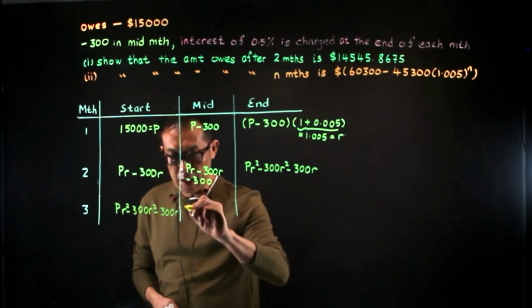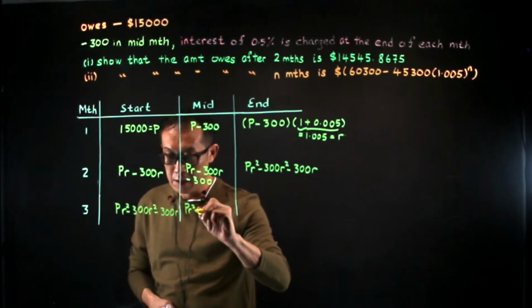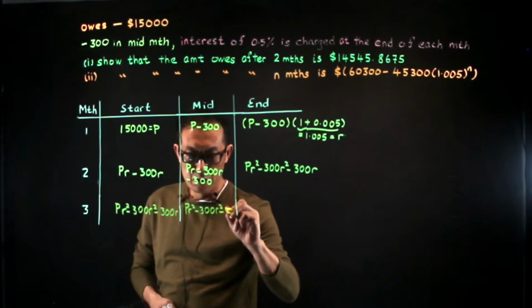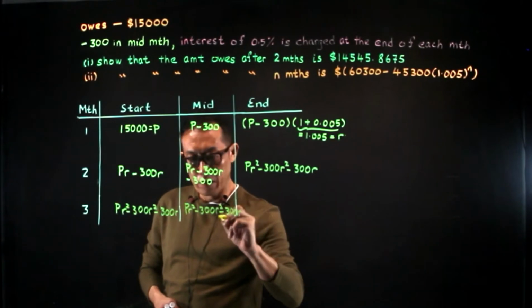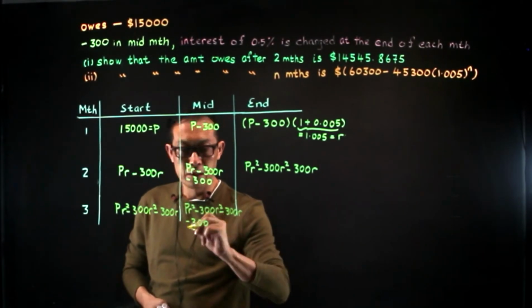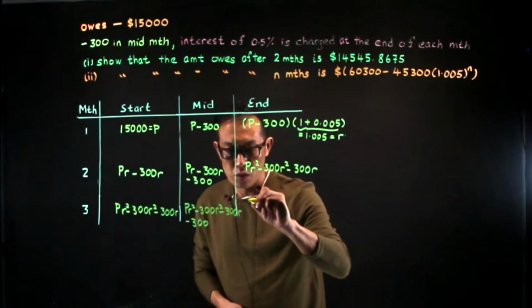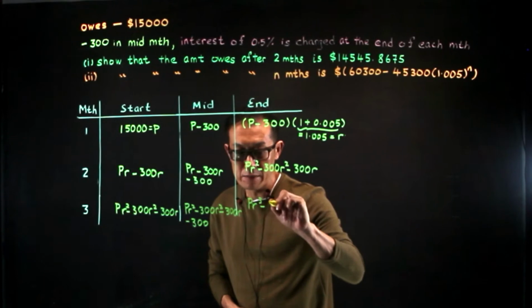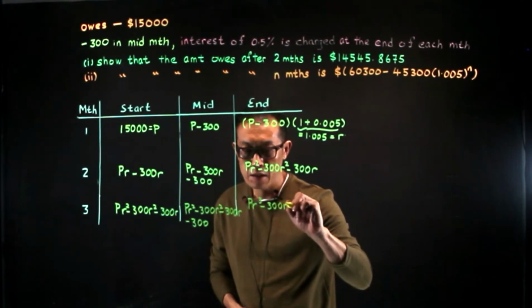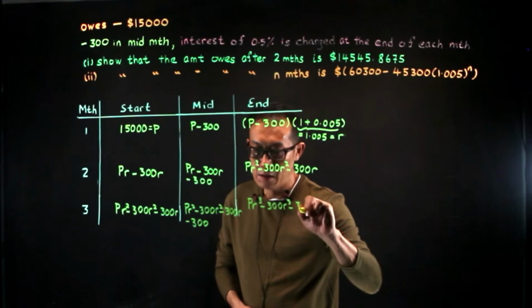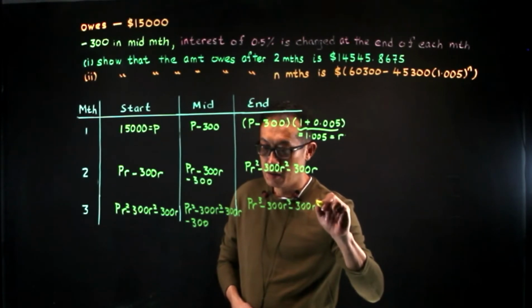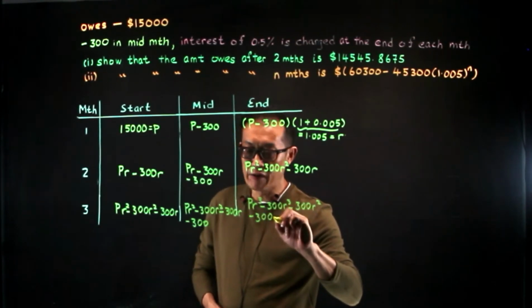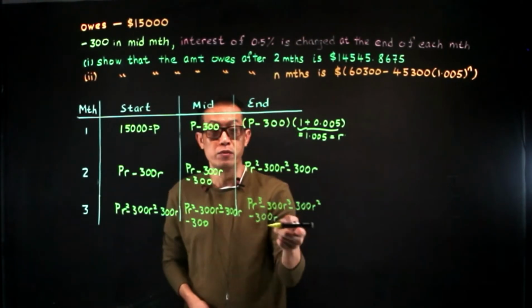Here, same thing, we minus 300. For the end of the third month, you need to times by R. So the expression for the end of the third month will be as such.